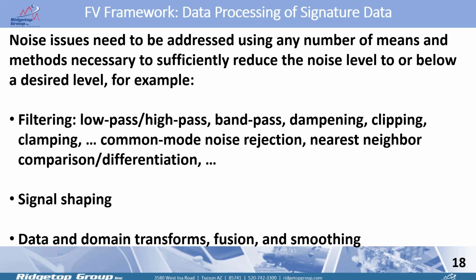You can also do data and domain transforms, FFT to IFFT, etc. You can do fusion of voltage and current to calculate resistance. You can do data smoothing. There are many, many ways to do it. Your goal as a prognostic engineer or designer is to figure out what you can do to meet requirements at the least amount of cost and yet meet your accuracy requirements.